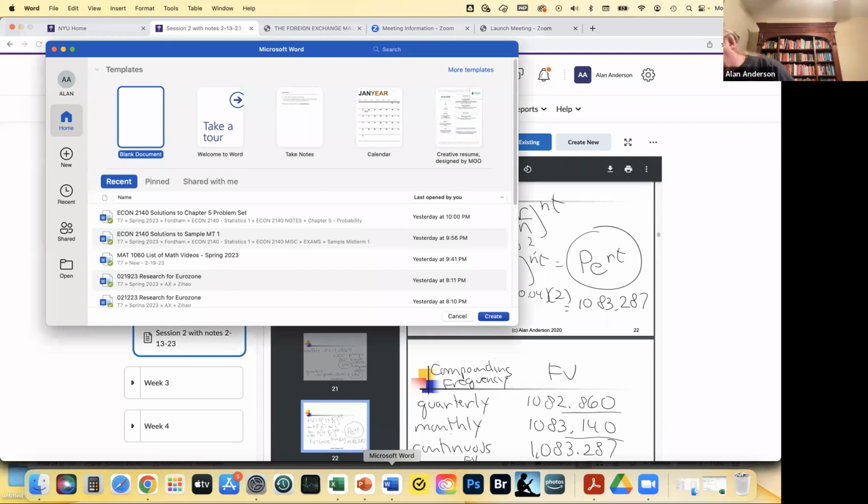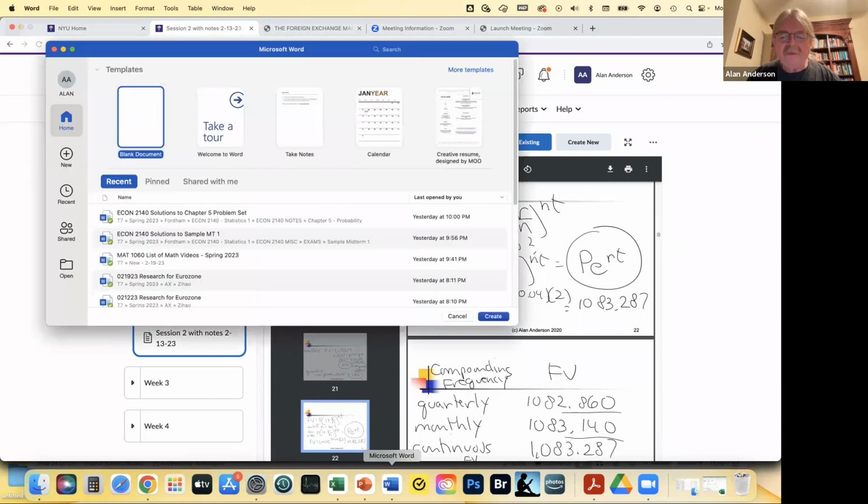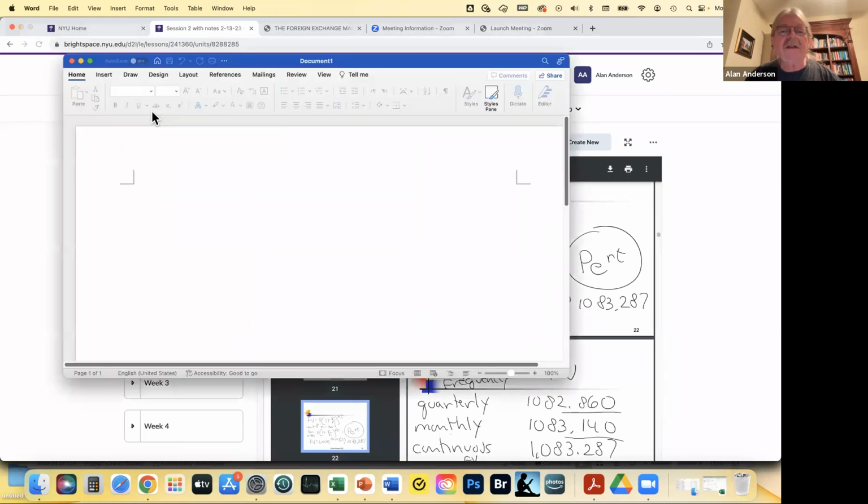Now I just realized I'm missing my tablet. It's in the other room. I'll be right back. I'll just go get it. Hold on. And then I can write on the screen. That's why I need it. The Mac doesn't let you write directly on the screen. It doesn't have that capability. It never has.